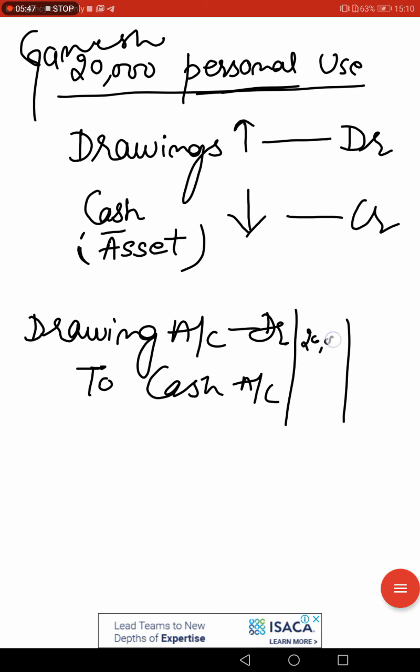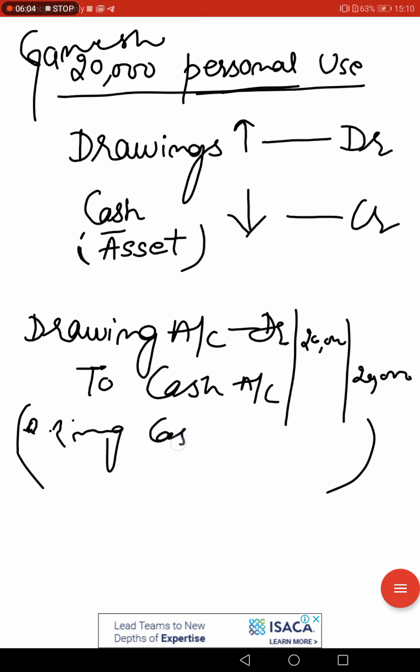We will write here 20,000. And the narration will be: being cash used for personal use.